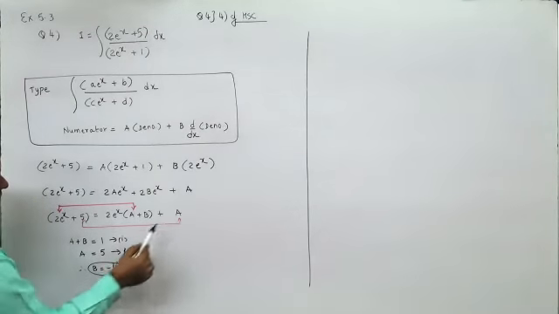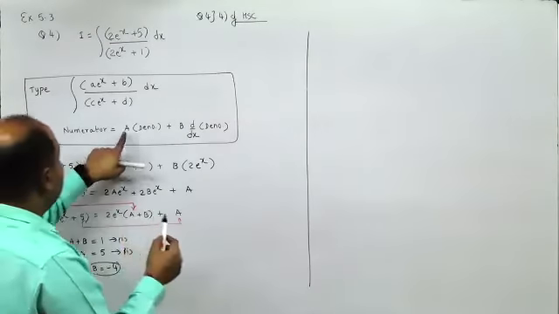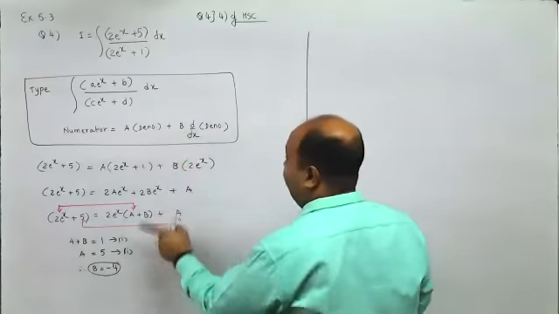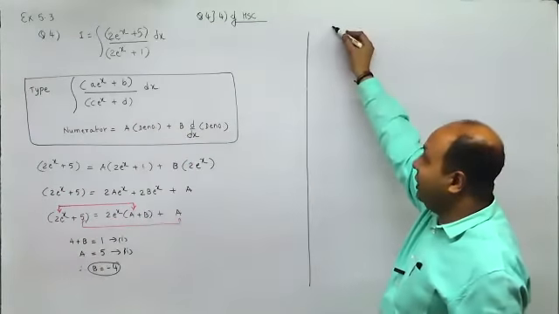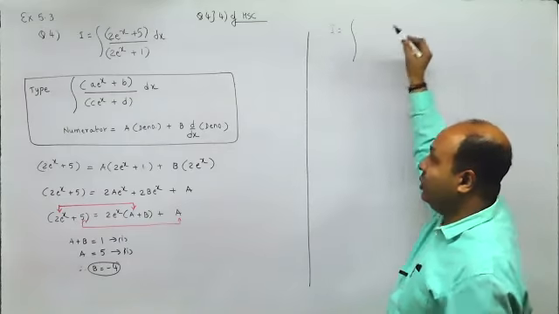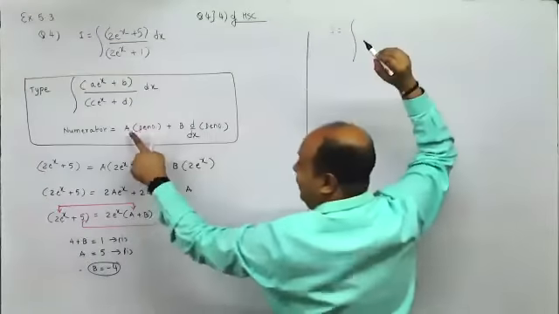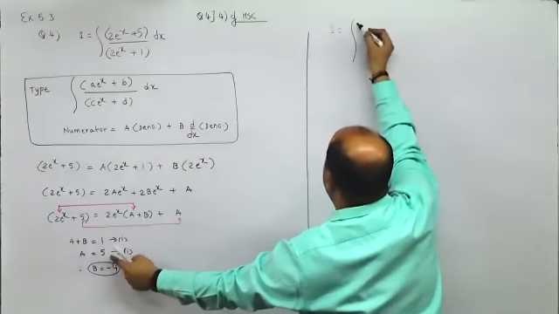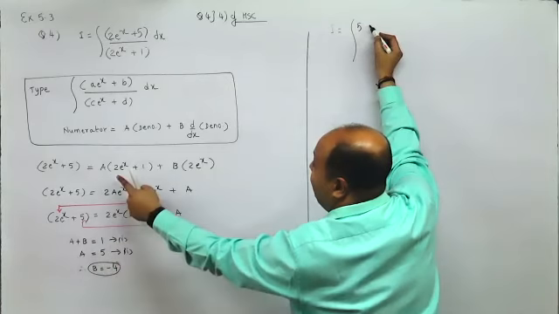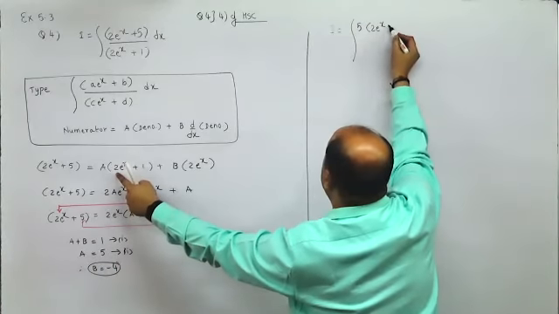Now once you have a and b here, replace them in this term. So what do you get here? I would be equal to, in place of the numerator, I'll write a, that is 5 into denominator, 2e raised to x plus 1.